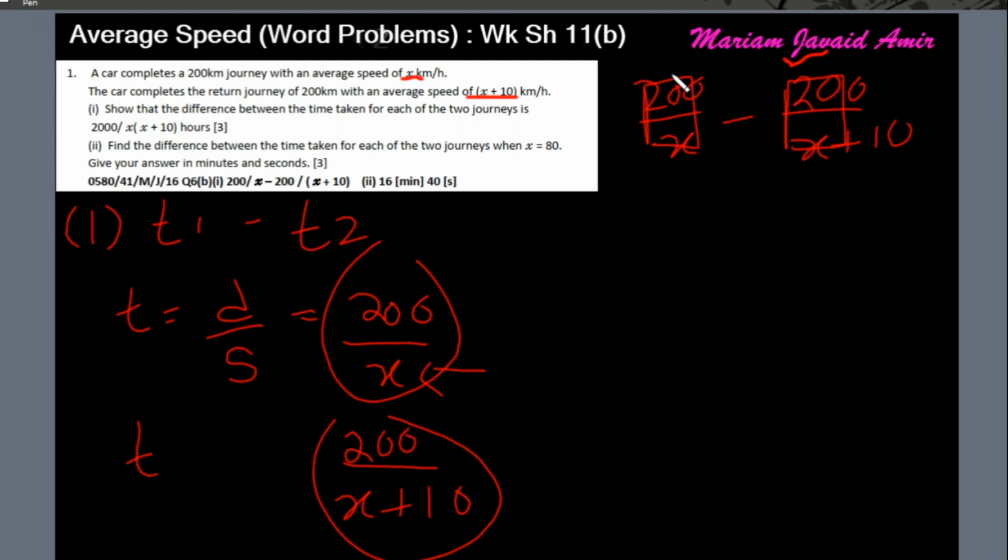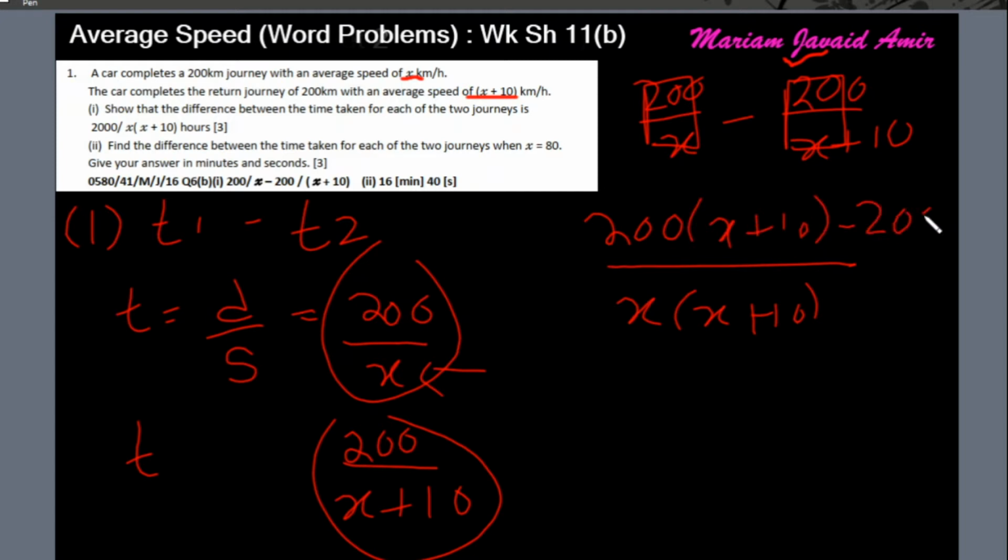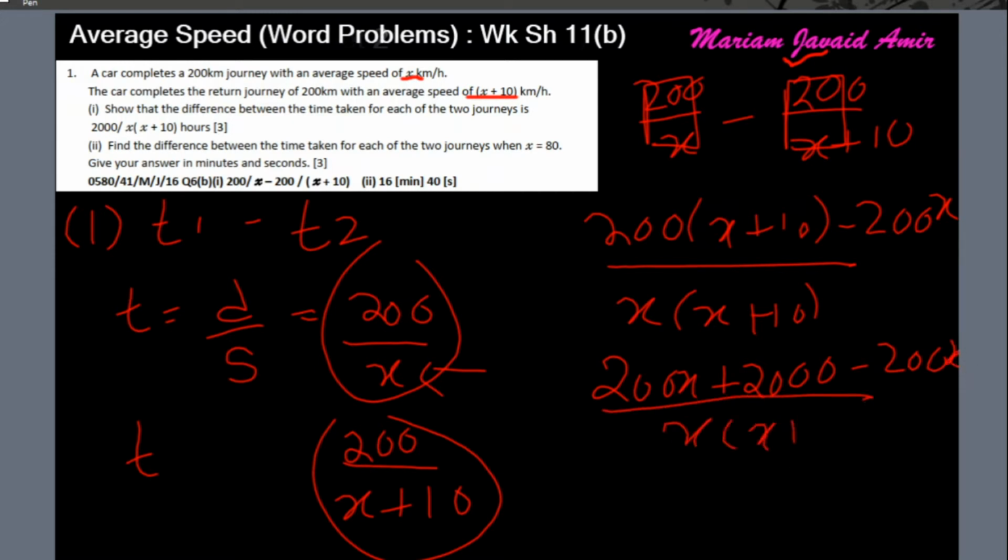Now simply simplify this by taking the LCM, x times x plus 10. 200 brackets x plus 10 minus 200x. This becomes 200x plus 2000 minus 200x over x bracket x plus 10. 200x and minus 200x cancel out. We're left with the desired fraction.